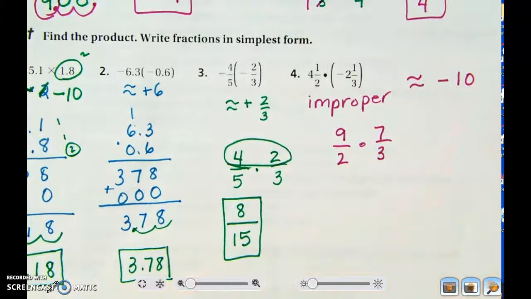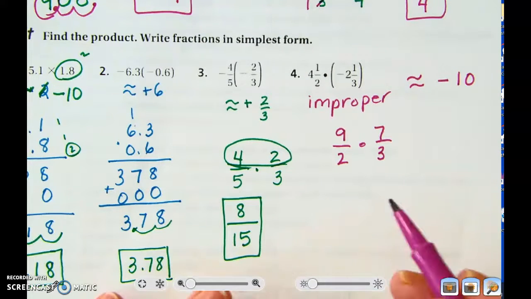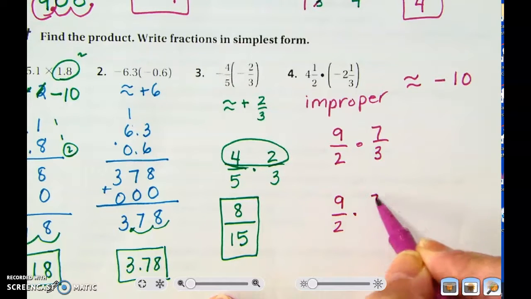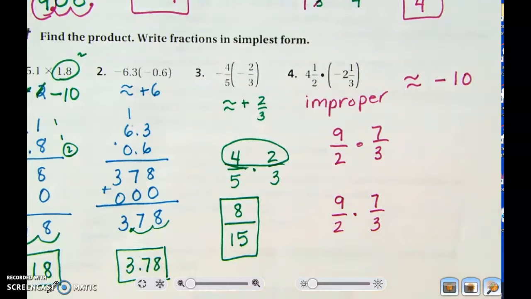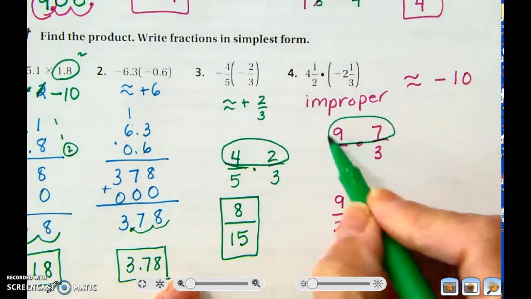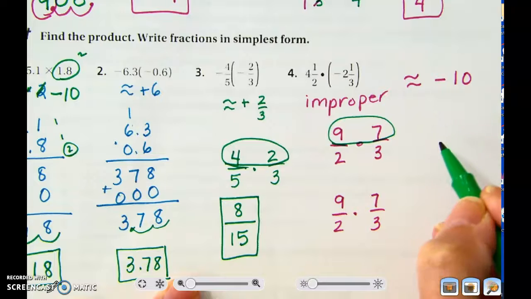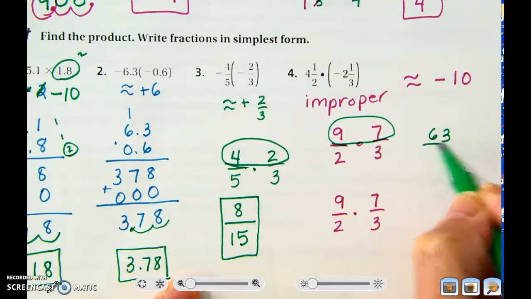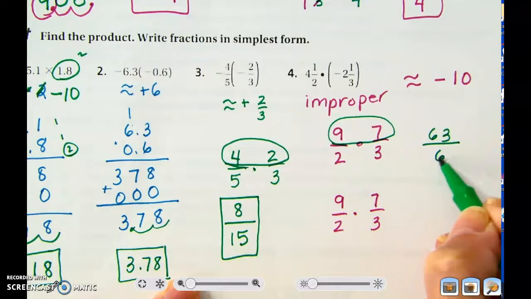We'll see. All right, here's the situation where you can simplify before you multiply or after. So I'm going to show you both cases. And you can pick whichever one floats your boat. So if I go ahead and multiply first, 9 times 7 is 63. 2 times 3 is 6.